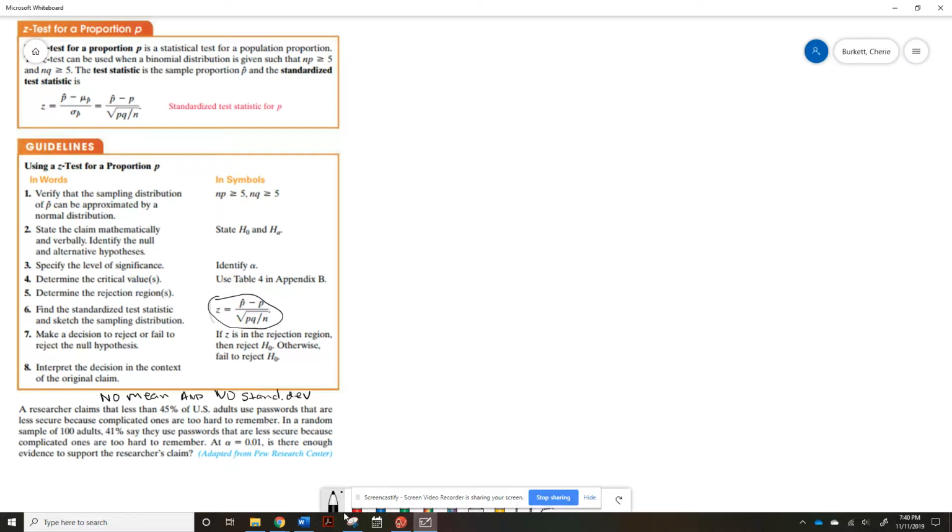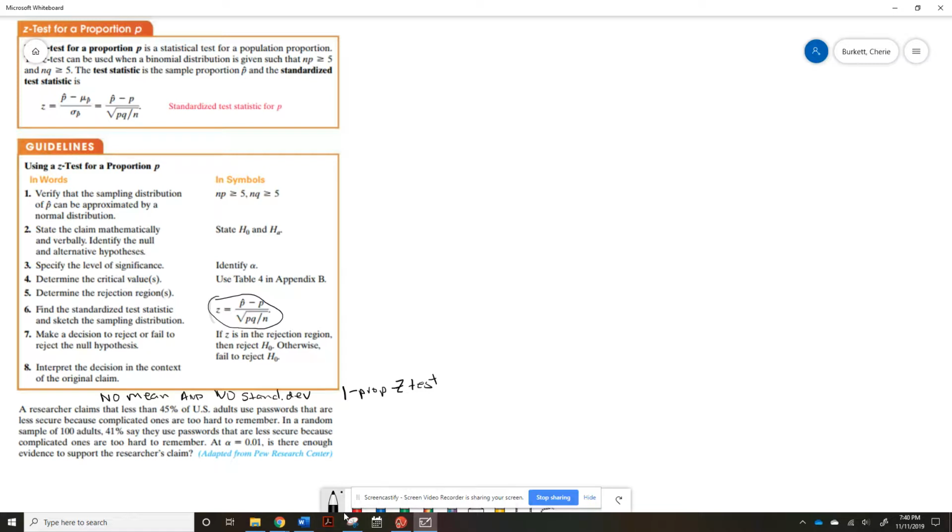That's how we know that this is going to be a one proportion z-test: the no mention of mean and no standard deviation.